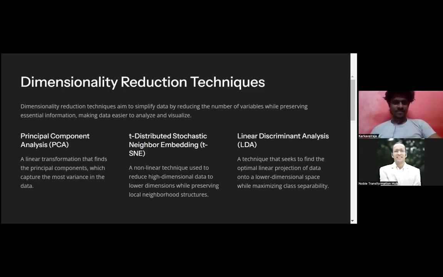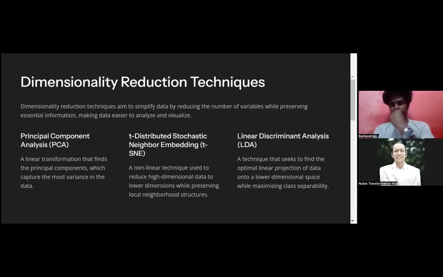Okay. So in PCA, what happens? It will capture the most variance in the data. t-SNE is a technique which reduces high dimensional data to lower dimension while preserving the local neighborhood structure, because that is an essential part in the model, right?